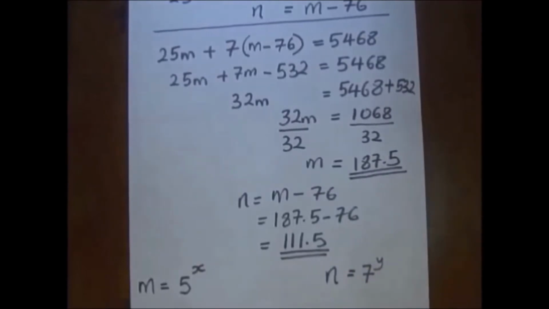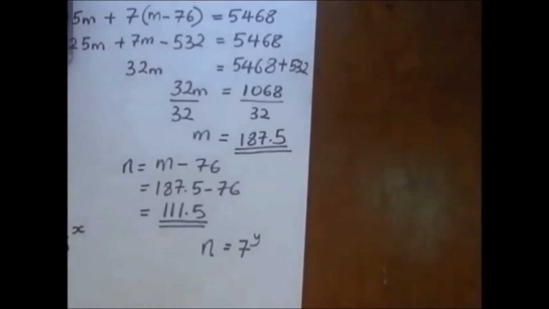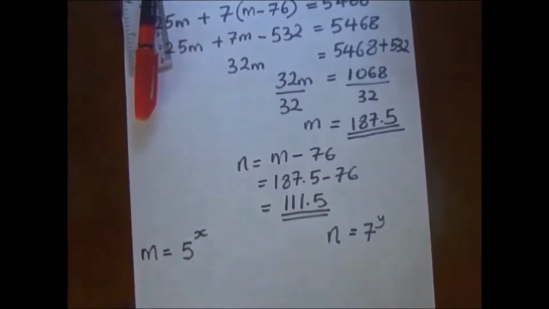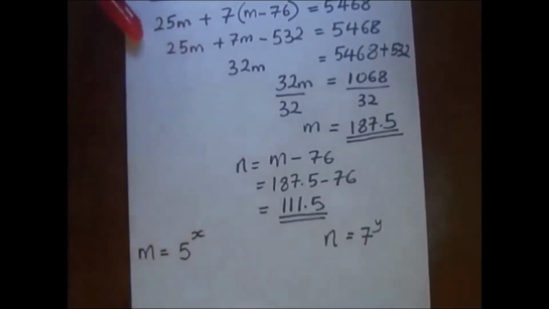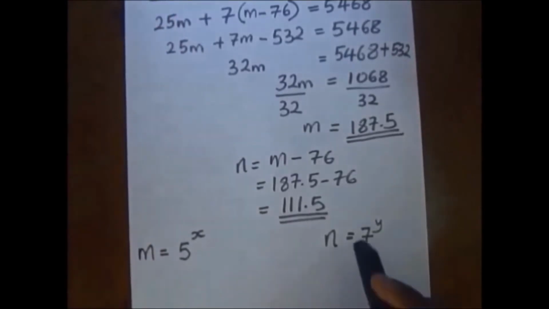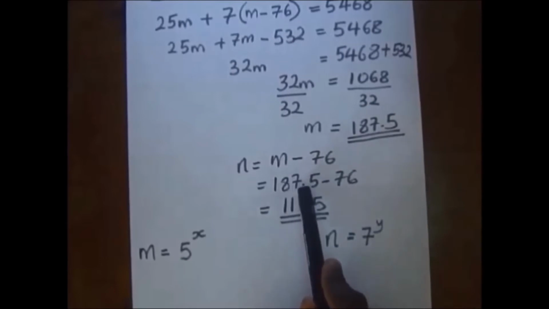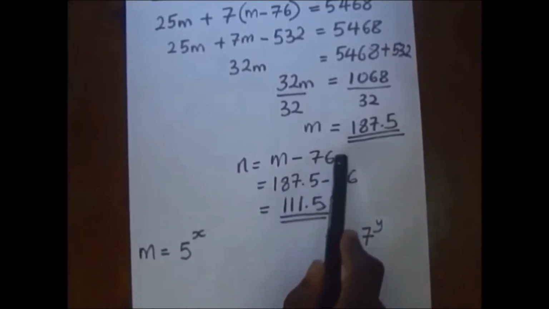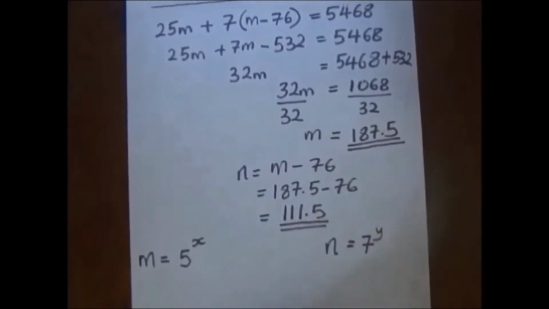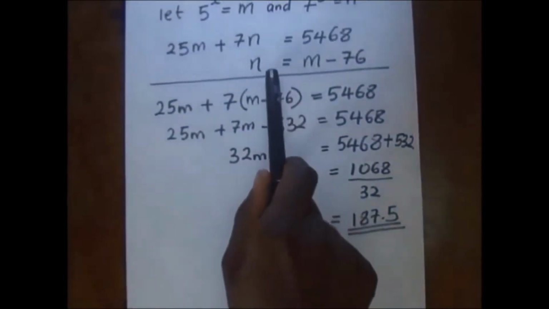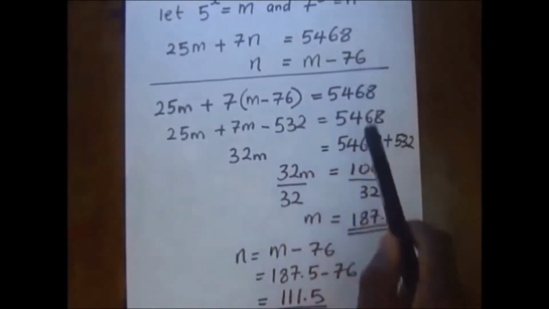So after getting the value of m as 187.5, we then find the value of n. Our value of n is going to become m minus 76, which is going to be 187.5 minus 76. We are getting this equation from one of these equations here, n equals m minus 76.